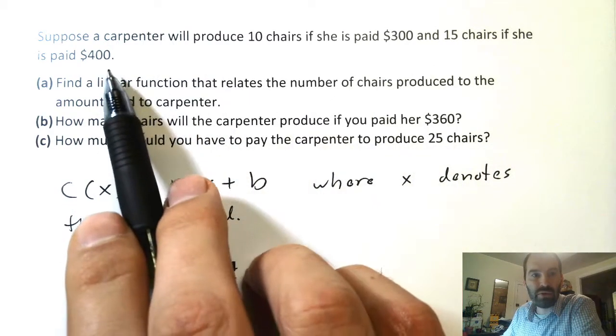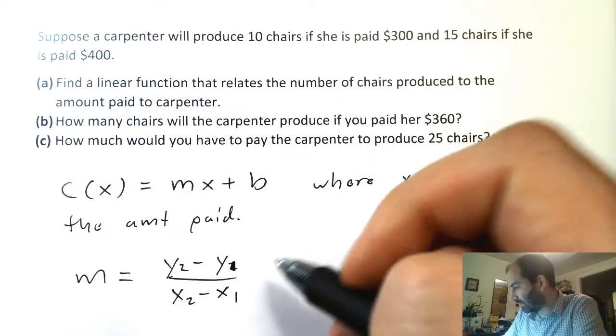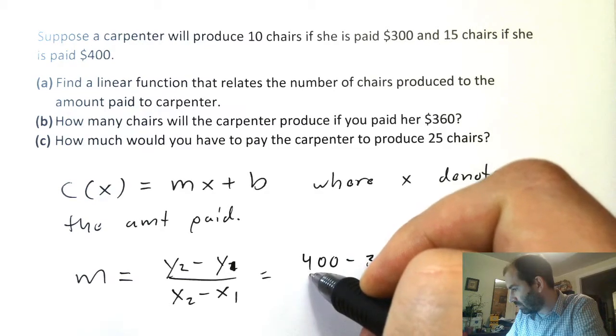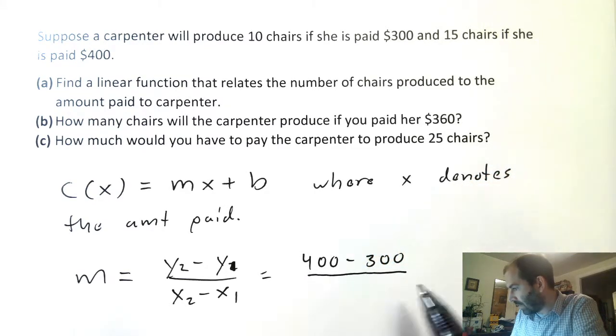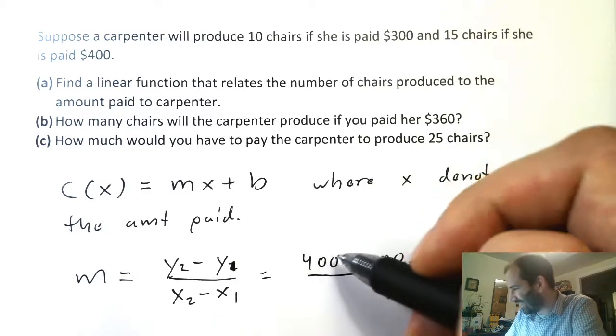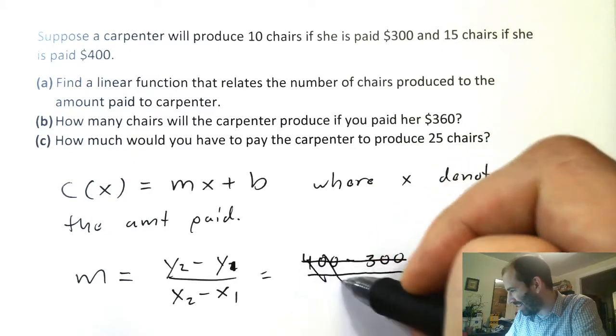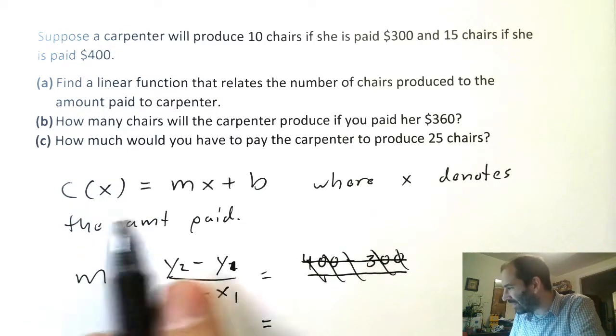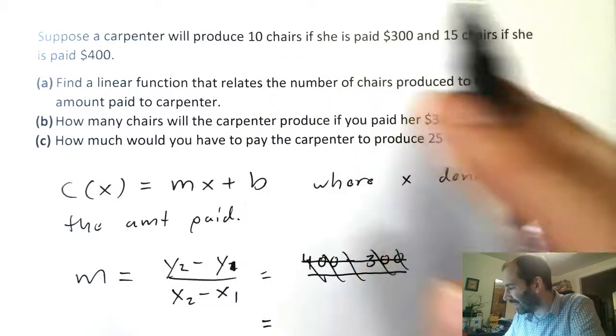So I'm going to take 400 minus 300. Oh no, read carefully. The y's are the number of chairs: 15 chairs minus 10 chairs.